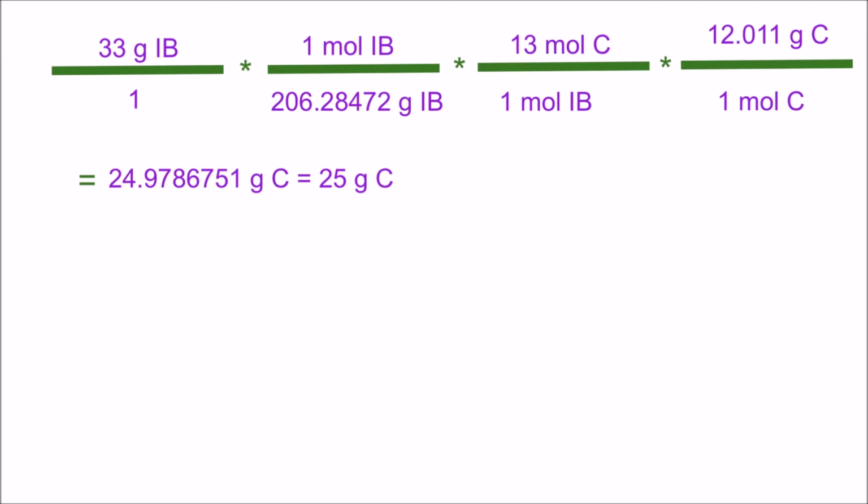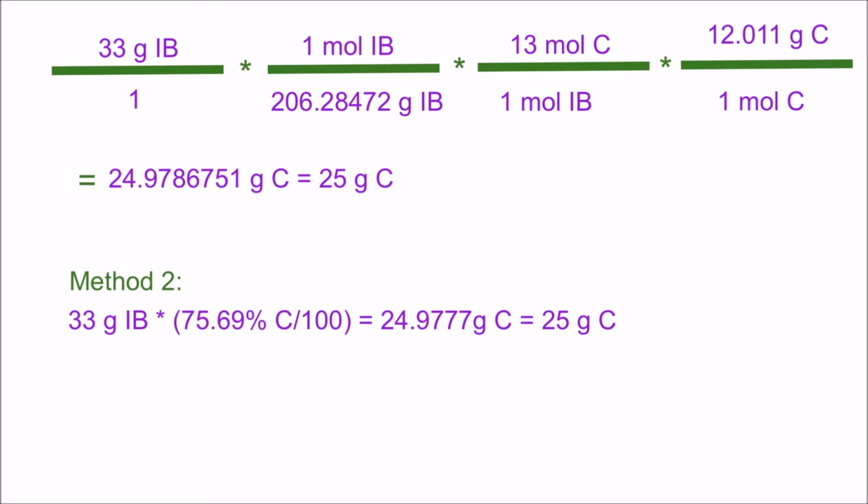Alright, let's look at the second method where we use the percent composition. Okay, so percent composition, remember, is part over whole times 100. So we're saying that no matter what the whole amount is, there will always be 75.69% carbon in that whole amount.